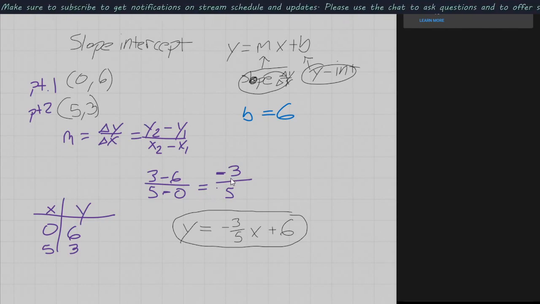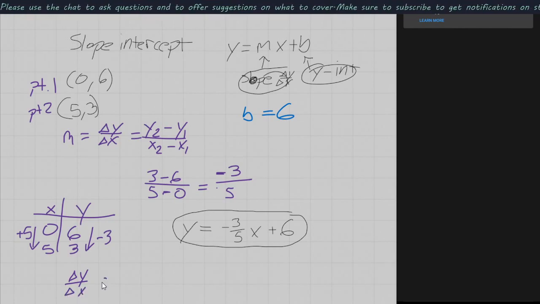You'll just have a negative in the bottom and a positive top. So how did I get from 0 to 5? I had to increase myself by 5 points, and to go from 6 to 3 I had to decrease by 3 points. So again, if I put that over as change in y over change in x, you still get negative 3 over 5. So our slope is still the same.